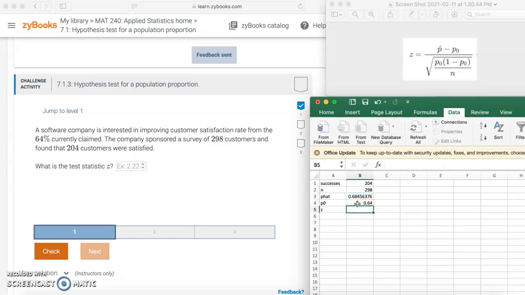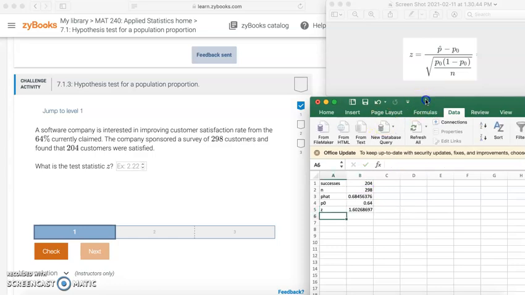Oh, that was a mistake. Okay, hold on. Let me just retype that. P hat minus p naught divided by square root of p naught times 1 minus p naught divided by n, close parenthesis.